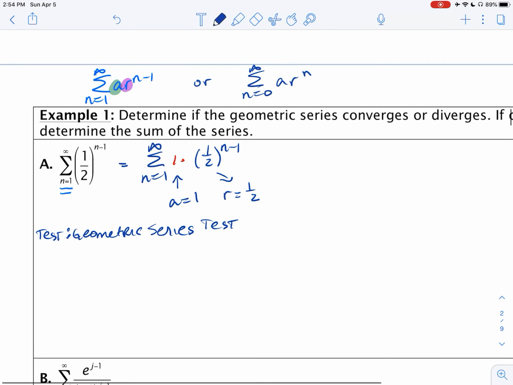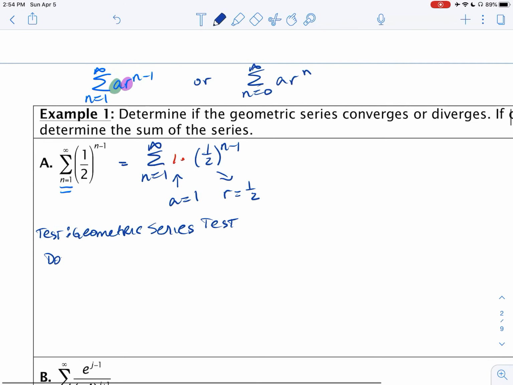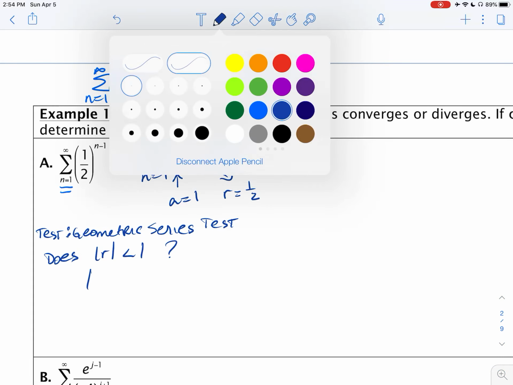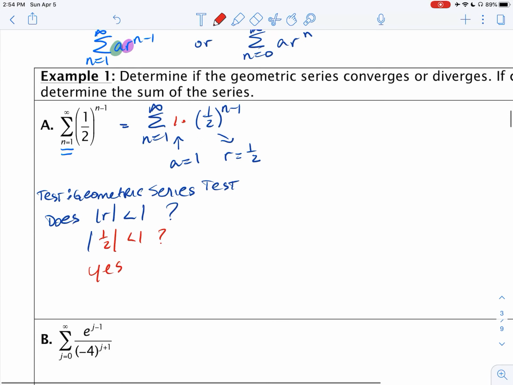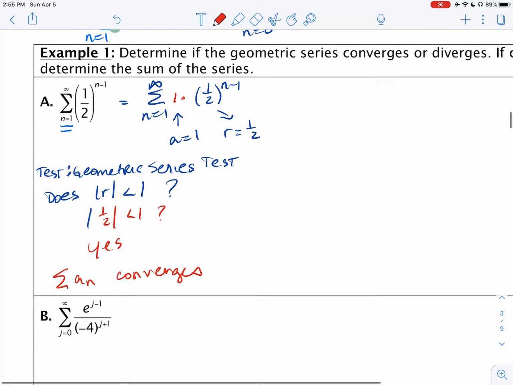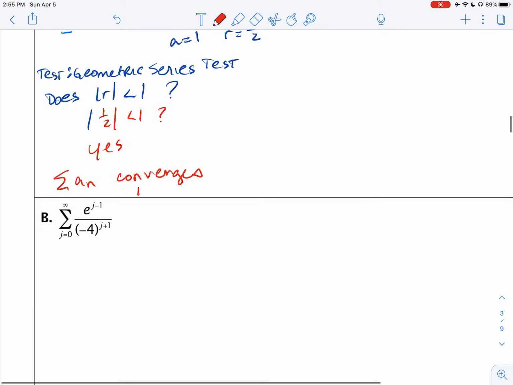Is the absolute value of r less than 1? So I say, is the absolute value of 1/2 less than 1? Yes, it is. So my conclusion is that the sum of a sub n converges by the geometric series test.